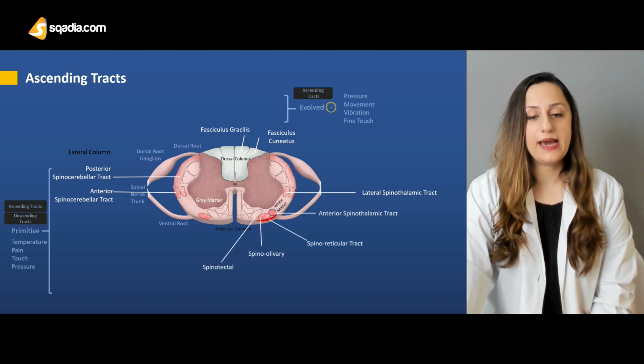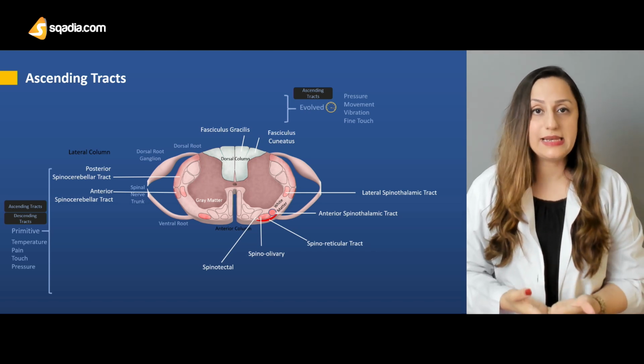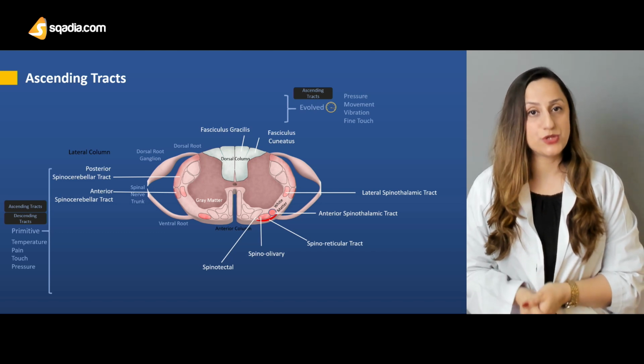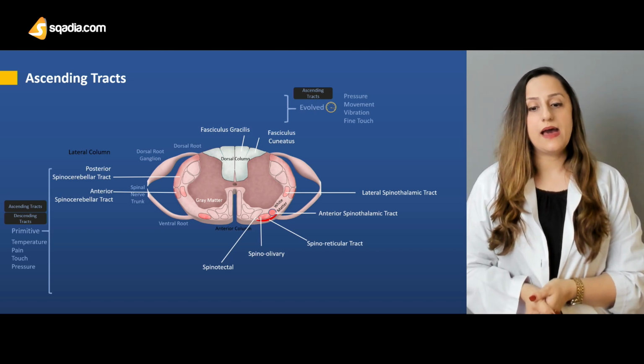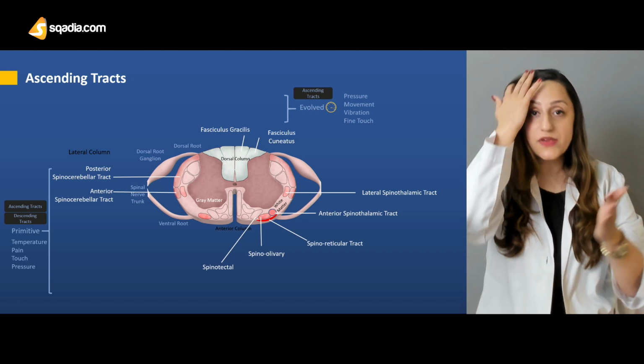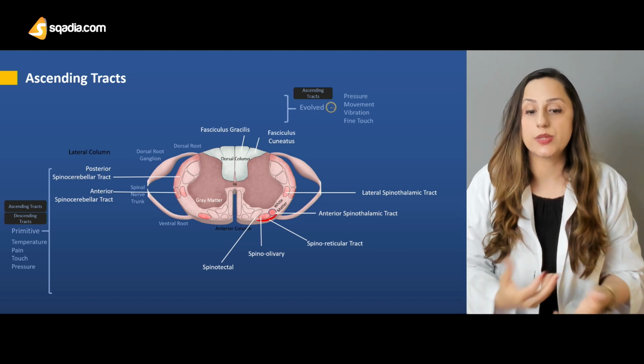Then mainly we have these three important tracts that are present anteriorly. Mainly we have the anterior spinothalamic tract, again carrying the pain and temperature sensations. And then we have the spinoreticular tract, which is a very important tract for maintaining the consciousness of an individual.